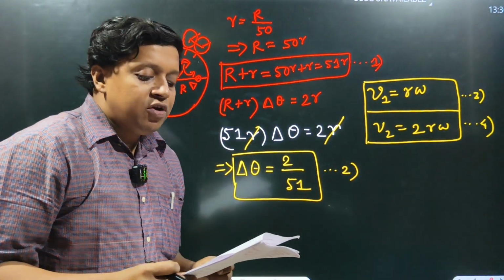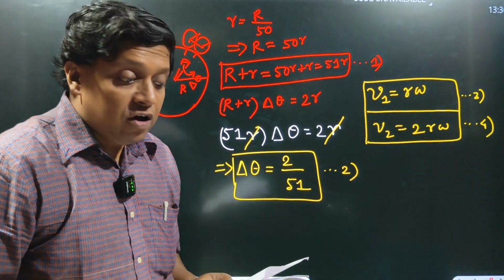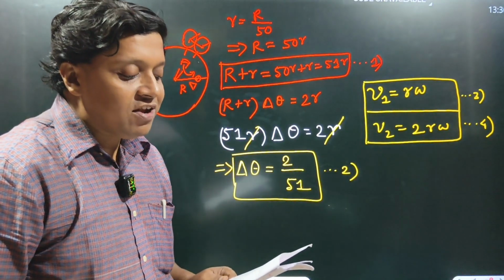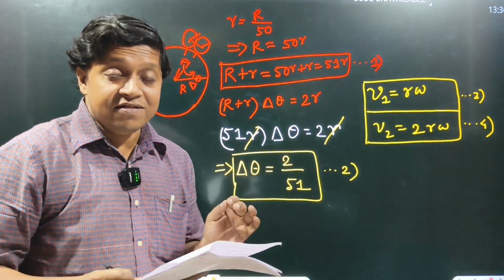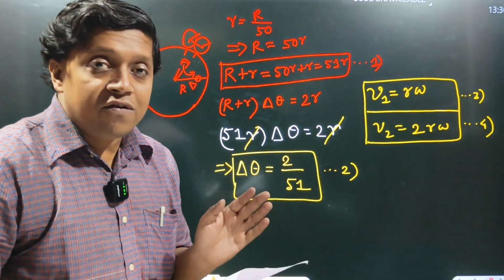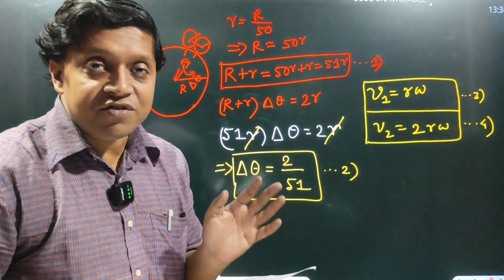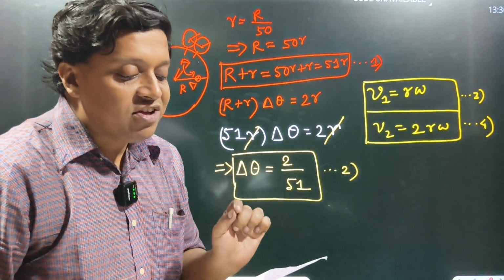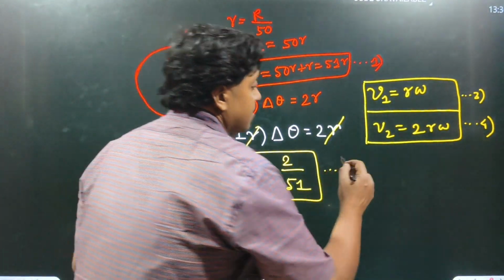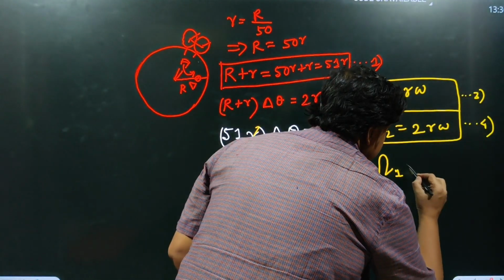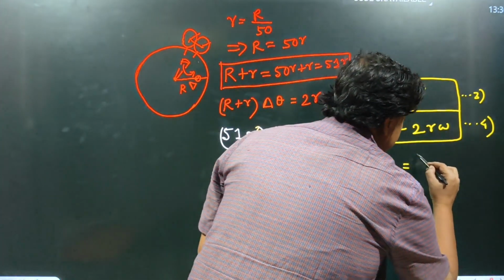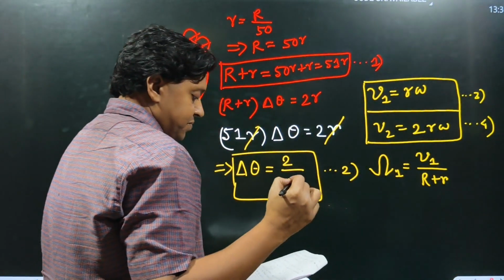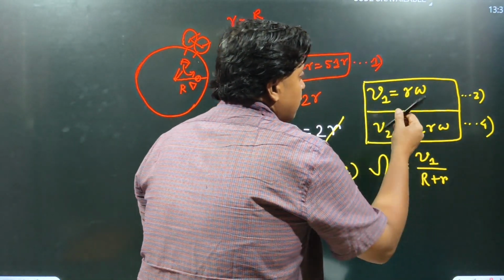Now, the magnitude of angular velocity of the center of the smaller disk having angular velocity omega, about the center of the large disk. I repeat this part, please listen to it carefully. The magnitude of angular velocity of the center of the smaller disk having angular velocity omega about the center of the large disk is... so we now put the value of V1.